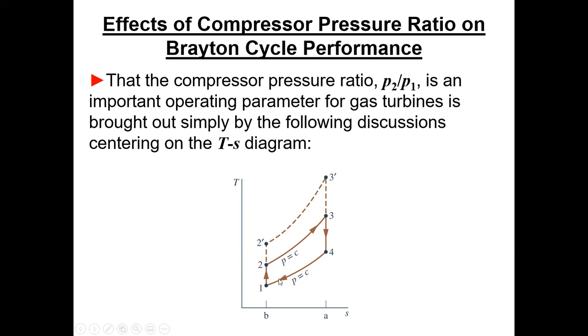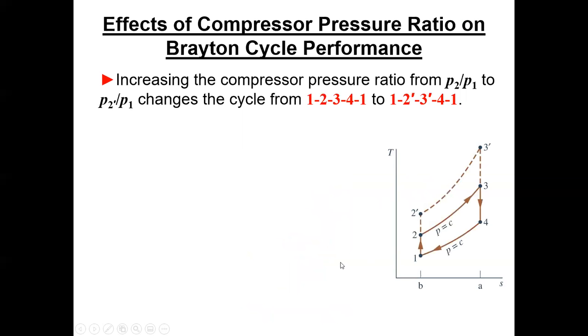So what this would mean is we've got some initial pressure ratio where the compressor was P1 to P2, and then this is our cycle. And we said, well, now hold on, let's up that exit pressure from P2 to P2 prime, and then our cycle, instead of stopping at 2, we'll go up to 2 prime, 3 prime, down to 4 and back to 1, and then we're going to make some observations about this.